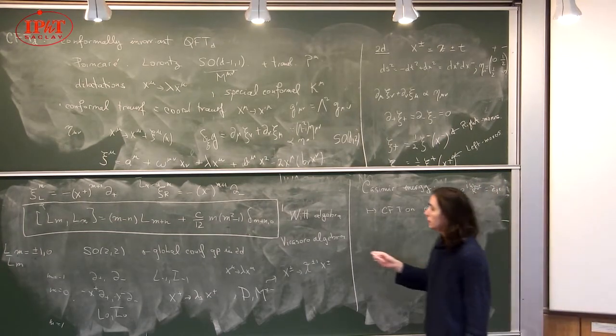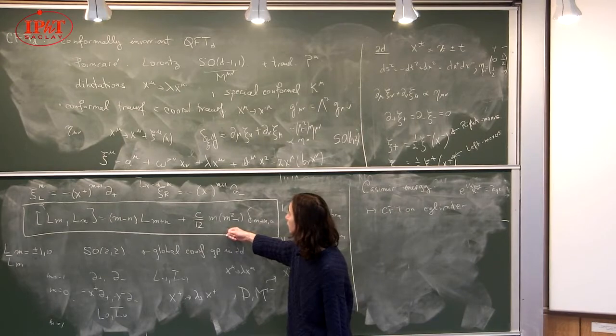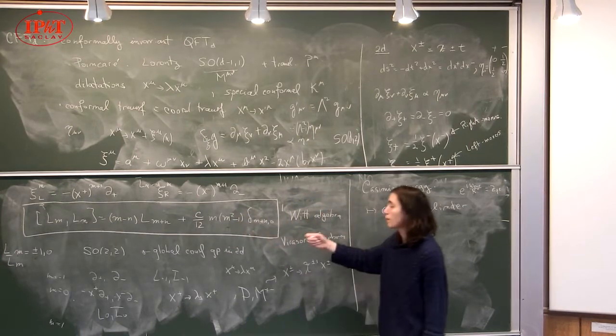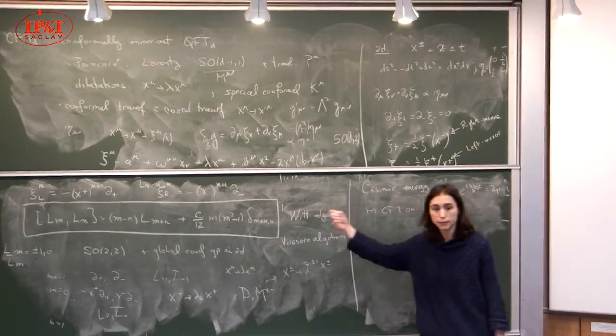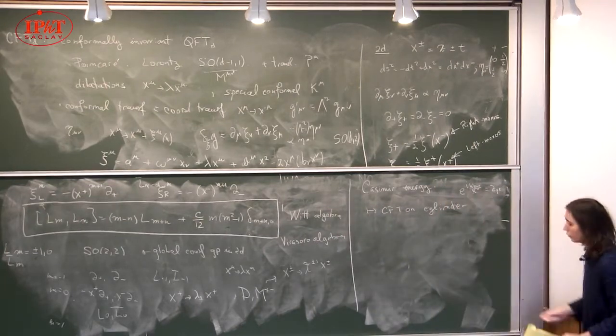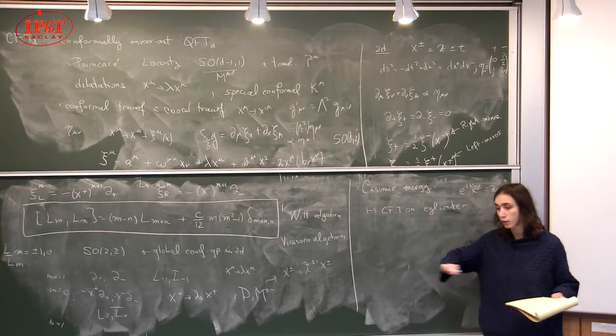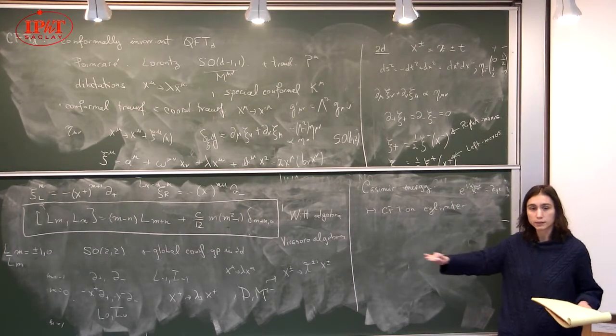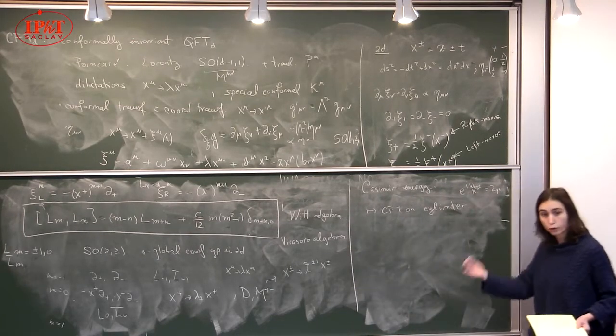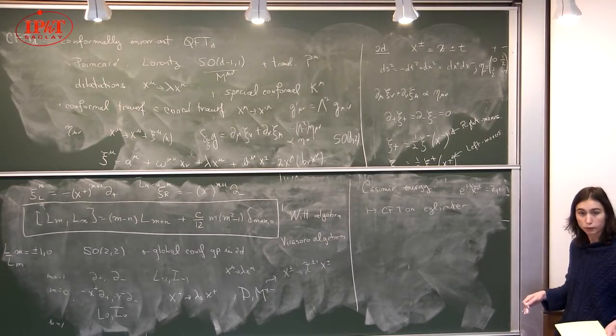And basically this anomalous term here enters into an anomalous transformation law of the stress tensor when you do such a conformal transformation. What you find is that even though you had zero expectation value of the stress tensor on the plane, in the vacuum, you're going to find a non-zero expectation value on the cylinder.